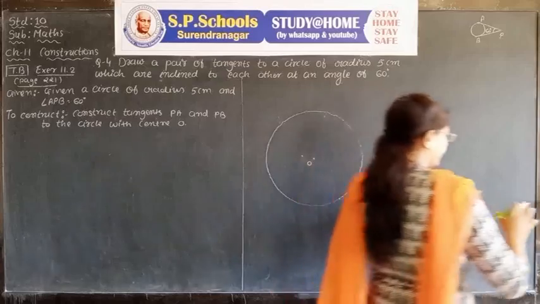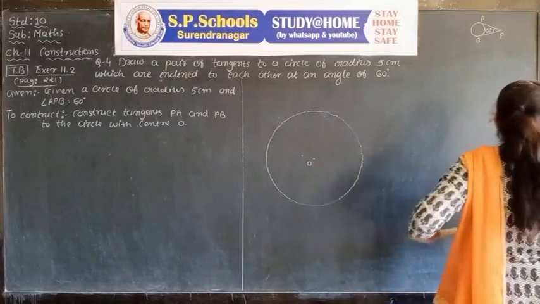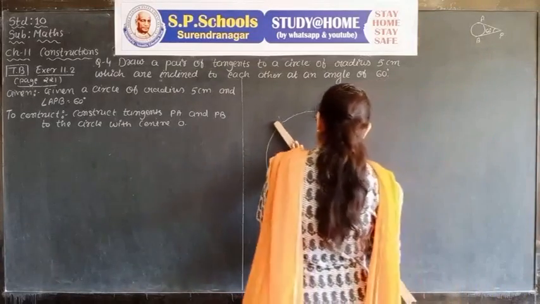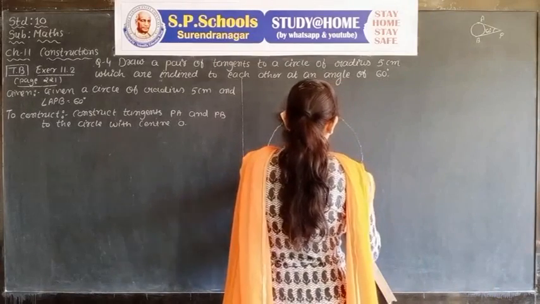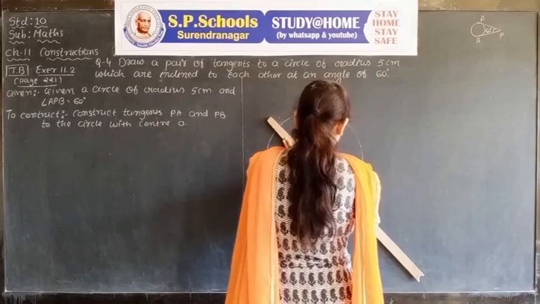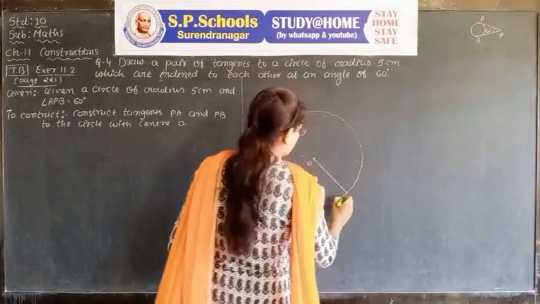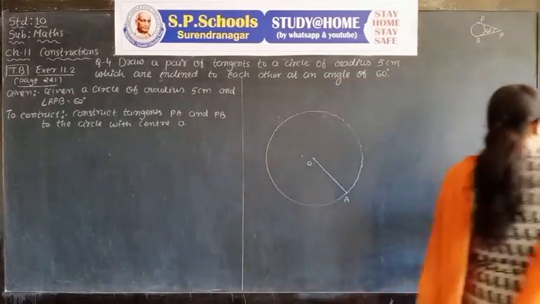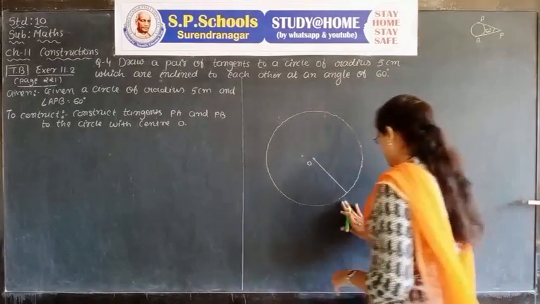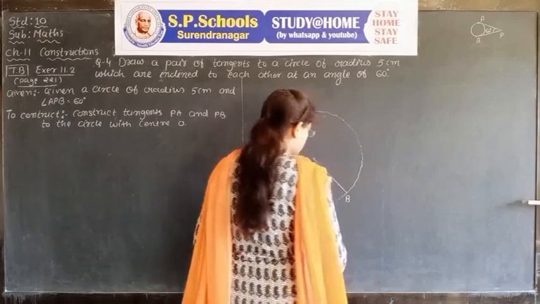Then draw one radius anywhere in the circle. Suppose one radius OA. A is on the upper side, and B is on the lower side.